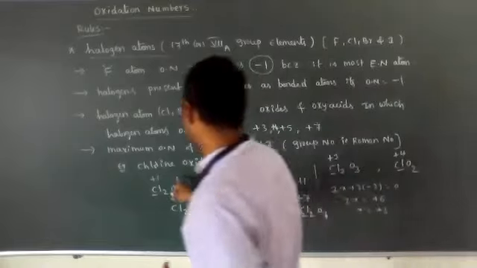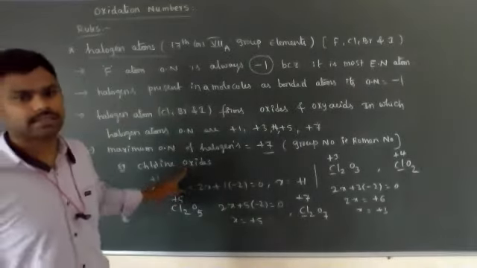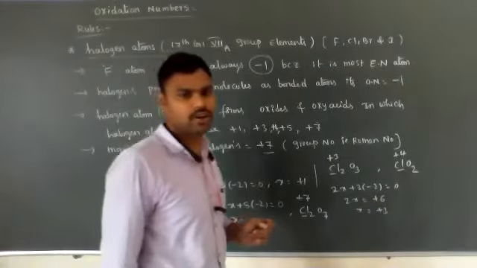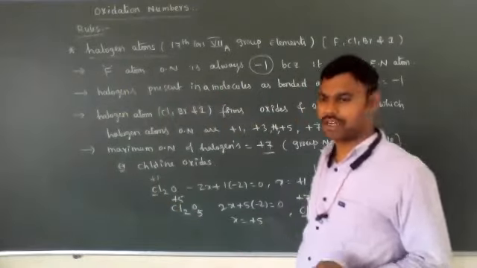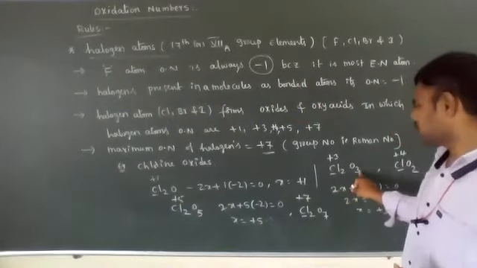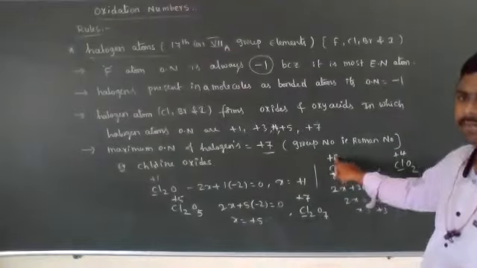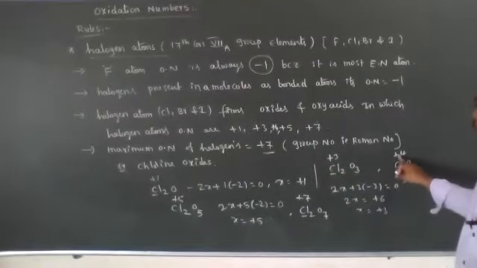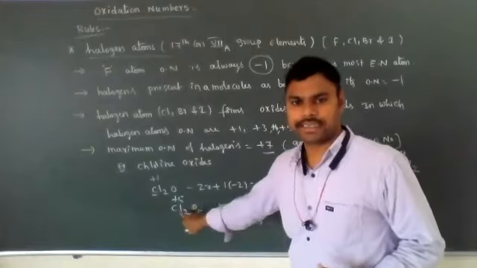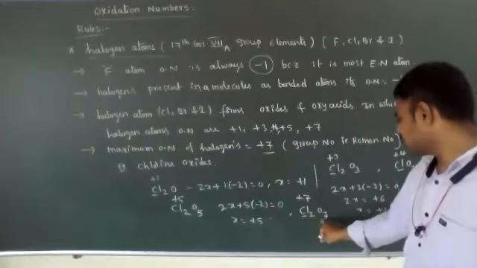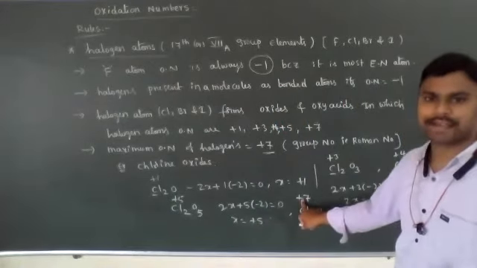So I simply gave some examples of chlorine oxides. What are the different types of chlorine oxides? Cl2O, chlorine oxidation number is +1. The second one is Cl2O3, chlorine oxidation number is +3. And Cl2O4, chlorine oxidation number is +4. Cl2O5, chlorine oxidation number is +5. And Cl2O7, chlorine oxidation number is +7.